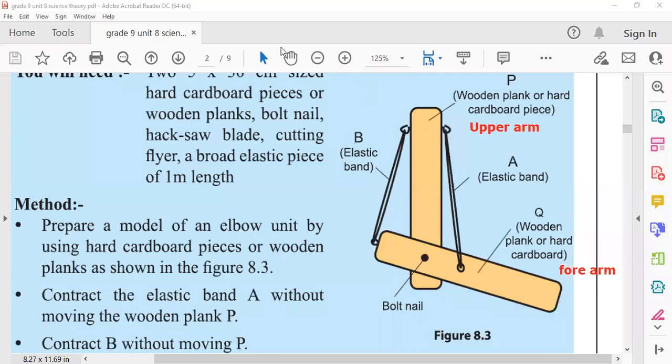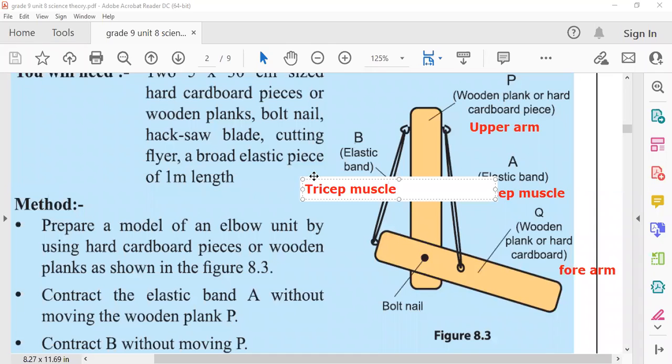This rubber band, elastic band A, is representing which muscle? Bicep muscle. And elastic band B is representing which muscle? Tricep muscle.